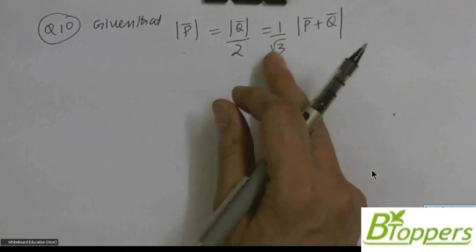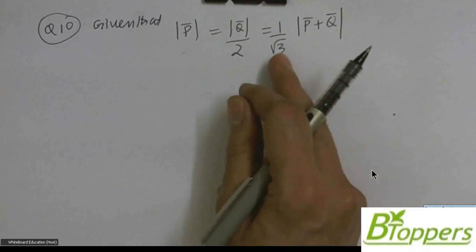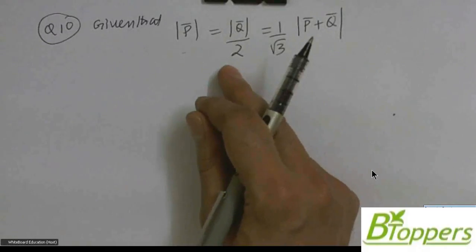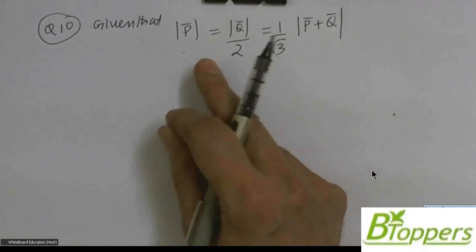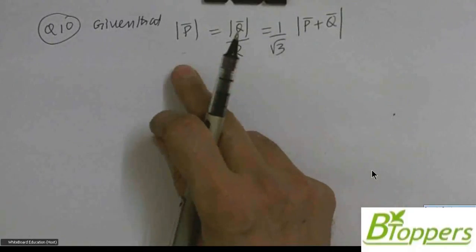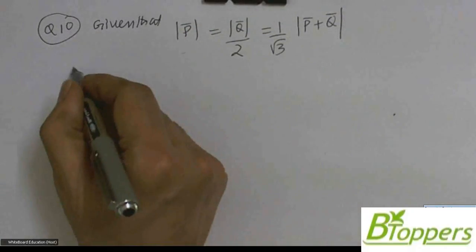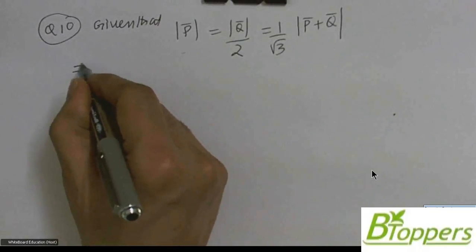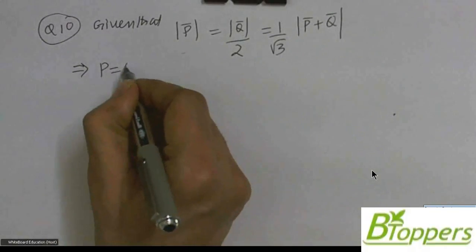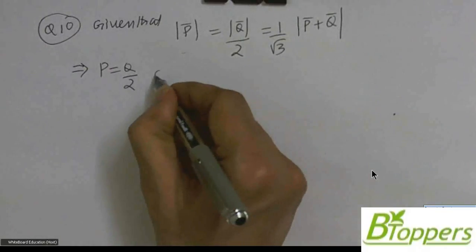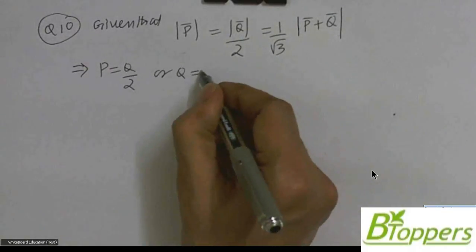So in such problems, we try to express all the three magnitudes in terms of one of the magnitudes. So first and second, you can observe that magnitude of P bar equal to magnitude of Q bar by 2. So you can write this way: P equal to Q by 2 or Q equal to 2P.